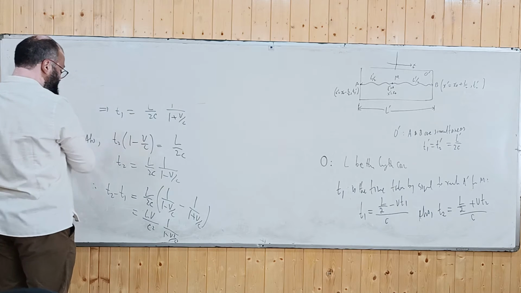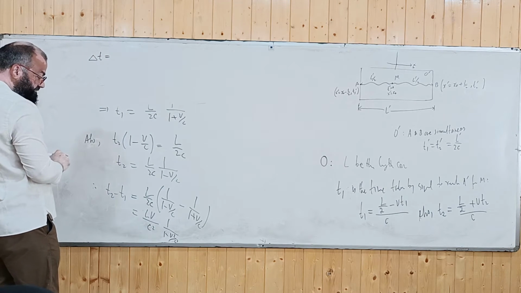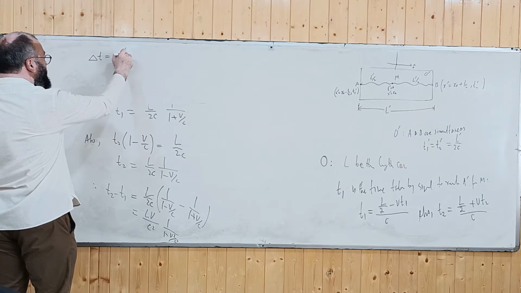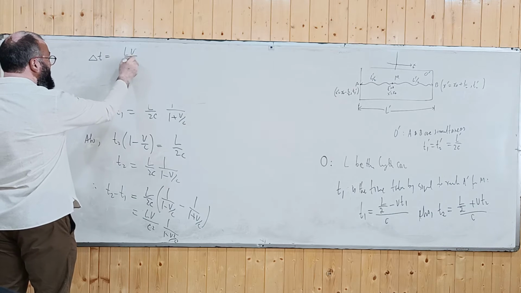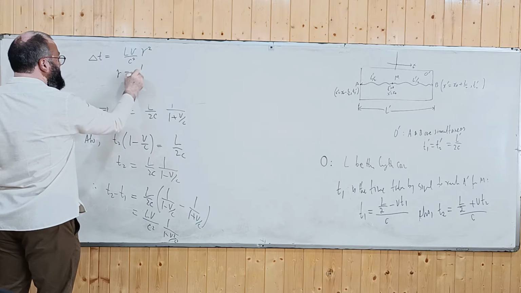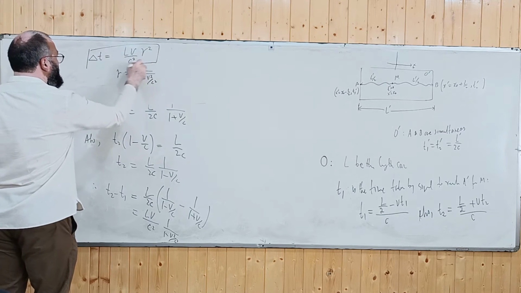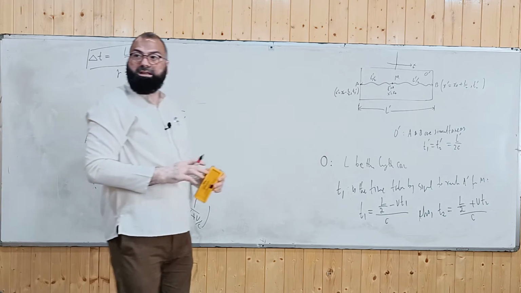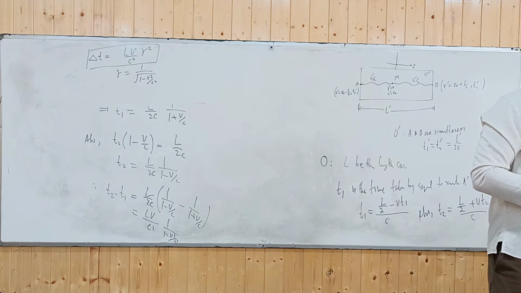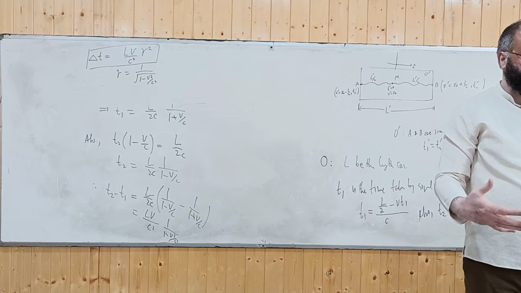In other words, I can write this delta T, the amount of non-synchronicity or non-simultaneity, as equal to L V by C square into gamma square. So this is a very important formula. It represents the amount of non-simultaneity of the events. Clear?